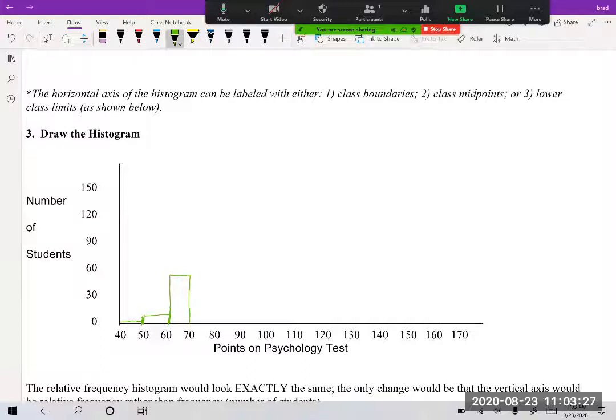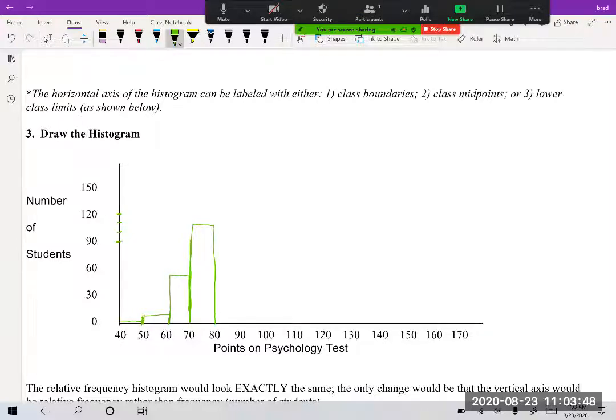That would be 107. So if this is 90, here's 100, here's 110, here's 120. So 100, 110, it would be right about here, you say? And then across, and then down to 90.